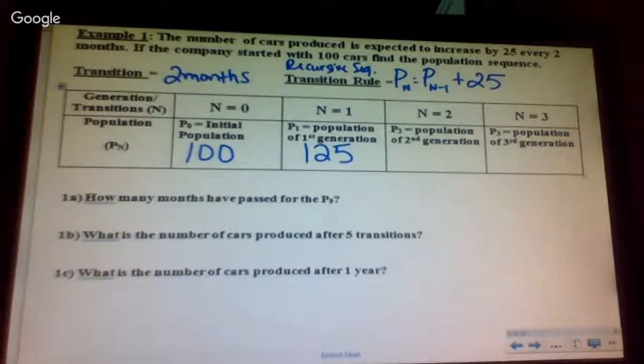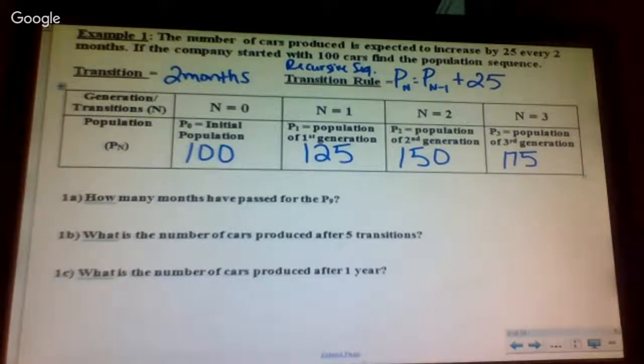So I have to take this number and add 25. 150. And you keep going. 175. Done. So all this means is you have to go back and take what happened before and add another 25. It's called a recursive sequence.